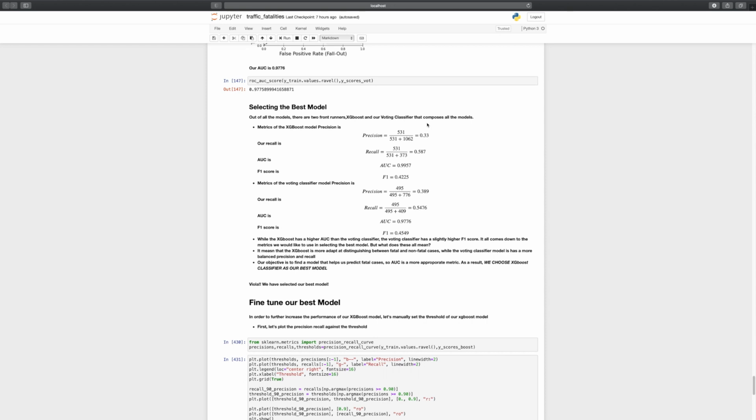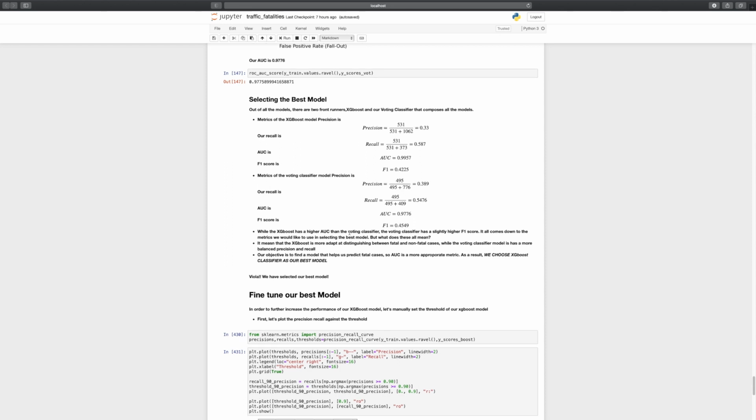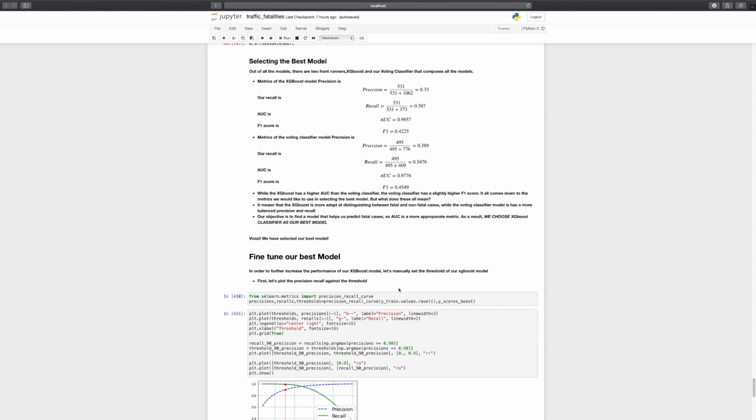And based on the AUC, which is a metric to gauge which classifier is able to distinguish between the zeros and the ones, the XGBoost model performs slightly better than the voting classifier model, even though the voting classifier model has a more balanced precision and recall compared with the XGBoost model.